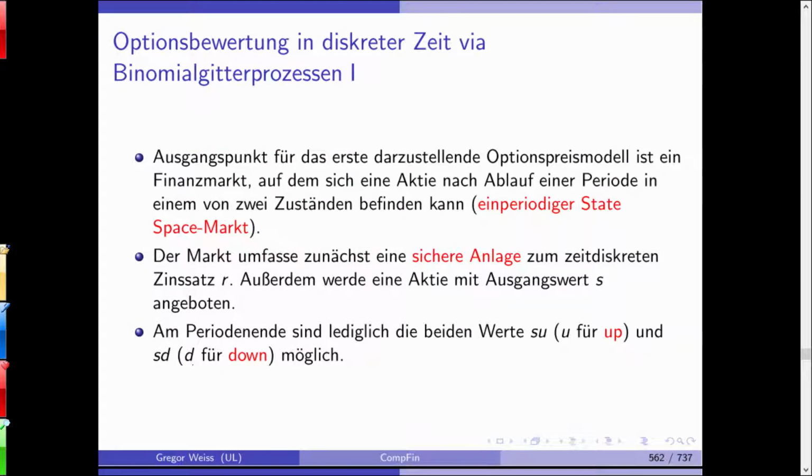Option pricing with a discrete binomial lattice process. Why binomial? We'll see this later on, that in the end, the probabilities that we are looking at are coming from a binomial distribution. It's not a big surprise because the model, as I said, consists of the stock price that is assumed can only go up and down each period with a certain probability.